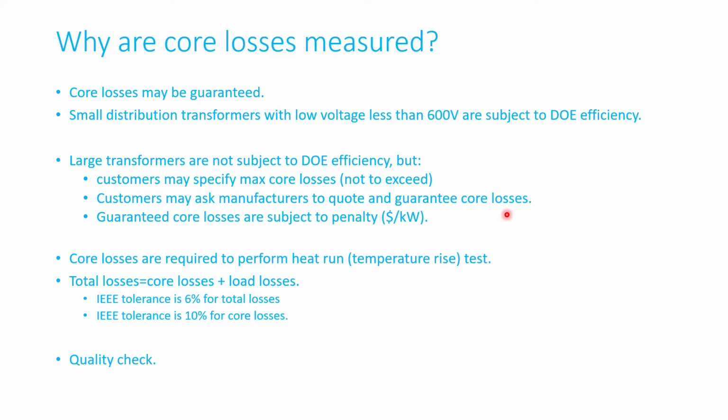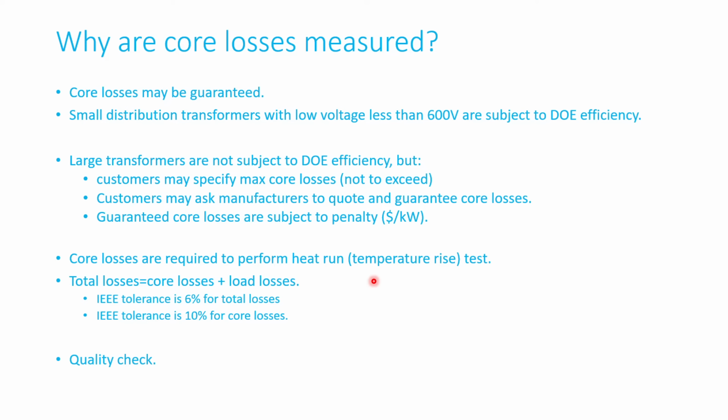Core losses are required to perform heat run or temperature rise tests, because you need to know what losses, total losses, you would apply to run the heat run test. Total losses basically are core losses plus load losses.